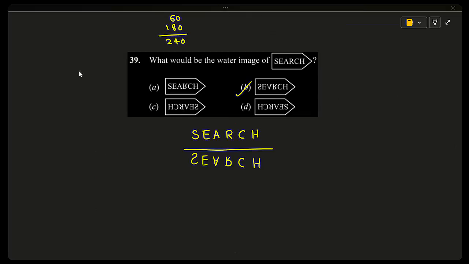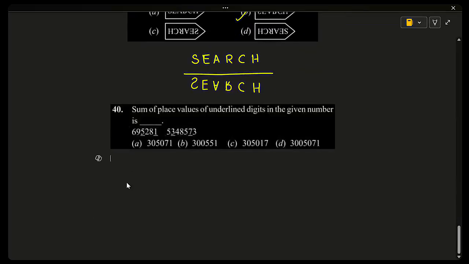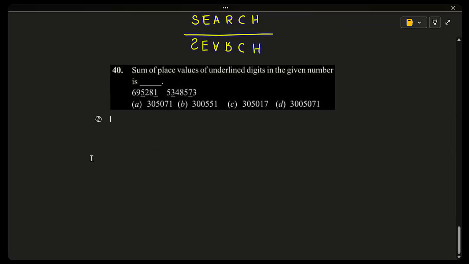Next question. 40th question. Sum of place values of underlined digits in the given number is.